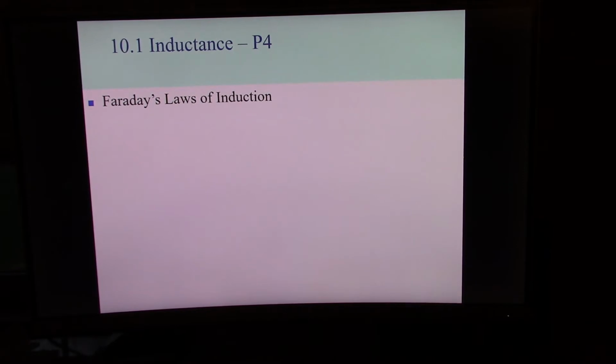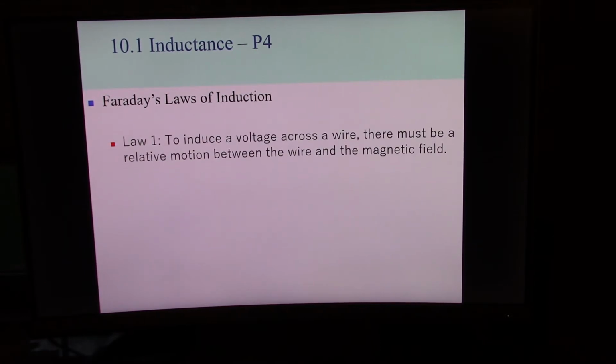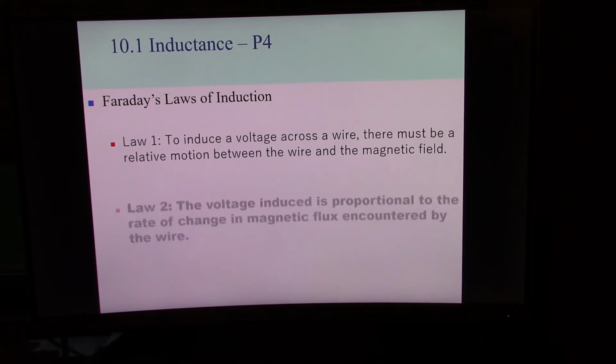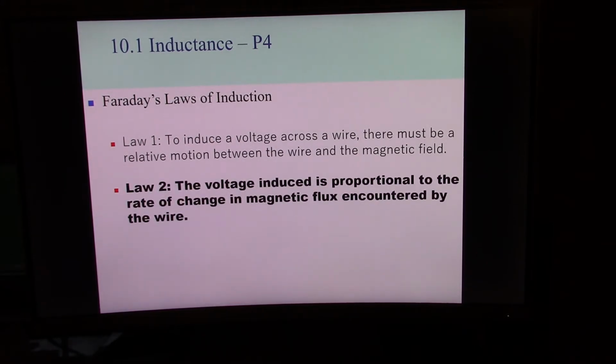And Faraday was a scientist who came up with the laws of induction. And what he said was that you have to have a particular motion between the wire and the magnetic field to induce a voltage across that wire. I'll show you as we go along how that happens. The second law he came up with was how much of a voltage is being produced.